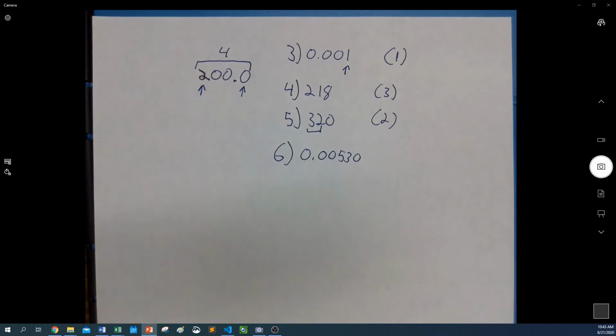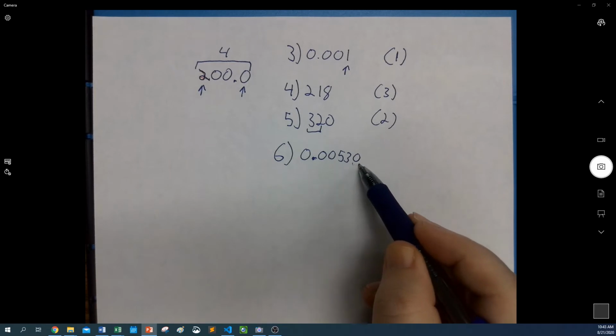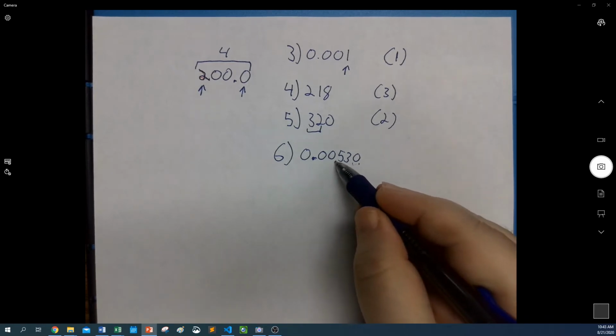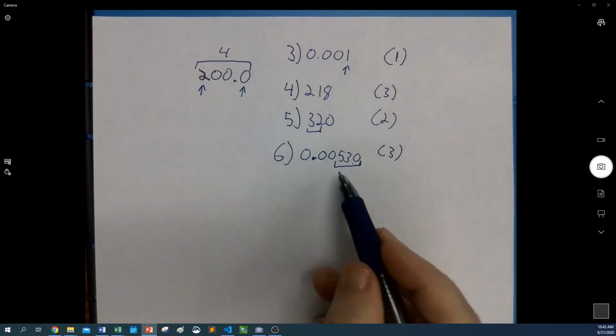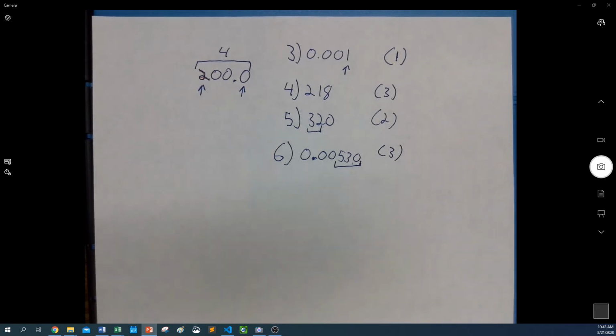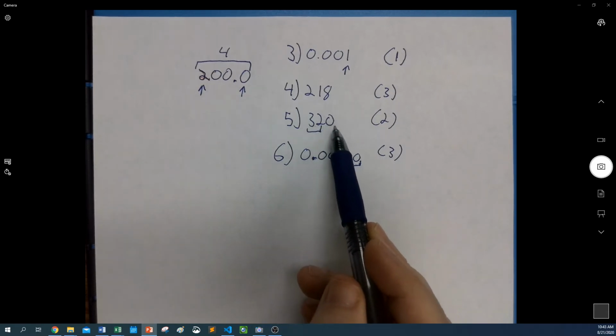How many does 0.00530 have? So if it's after the decimal point, we include trailing zeros. So this would have 3. We don't include the leading zeros, unless of course it's before the decimal.